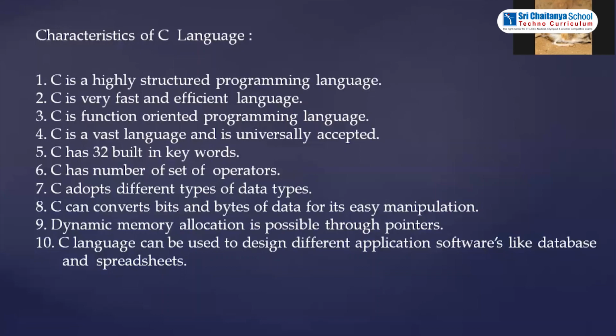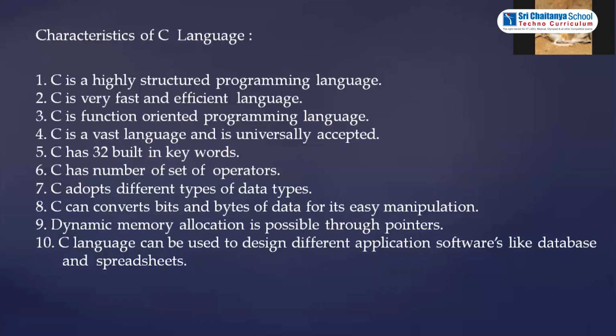Also, C has a number of operators. What is the use of an operator? Whenever I have two operands and some operation has to be done, I have to include the operator. For example, I have two numbers and I need to find the sum. So what operator do I need there?